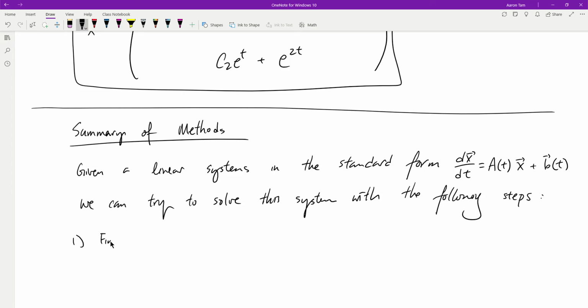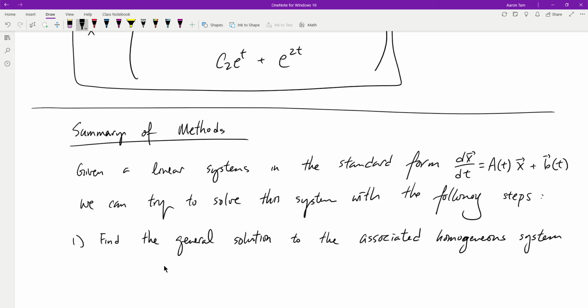We can find the general solution to the associated homogeneous system. So what is the associated homogeneous system? It is d vector x over dt equal to A of t vector x.